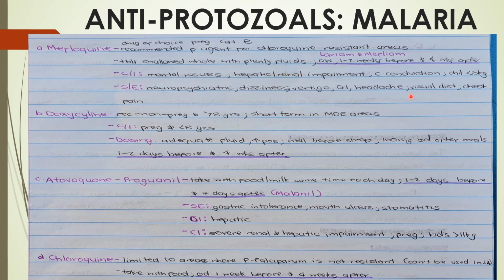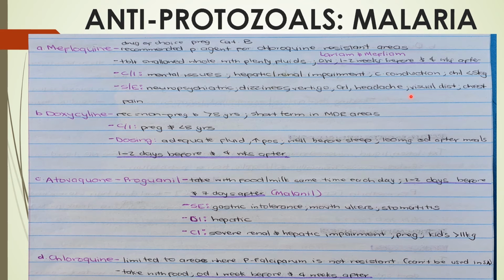It is a tablet that is swallowed whole with plenty of fluids, so not just a small little cup. You need to give lots of water with it. An example would be Lariam or Mephaquin, and this is taken 1 to 2 weeks before you travel, and 4 weeks after you've come back, once weekly.